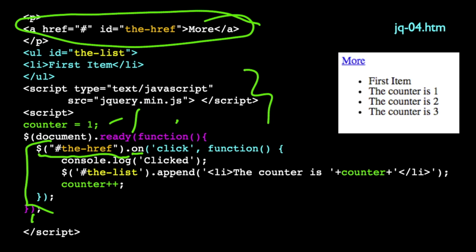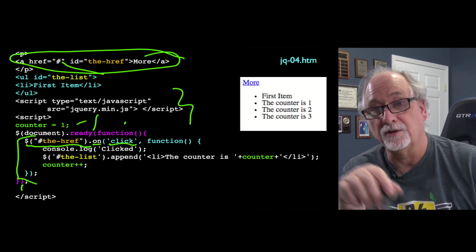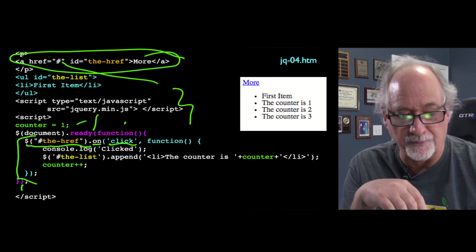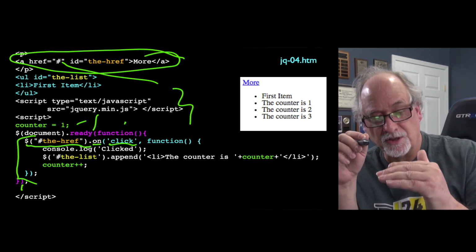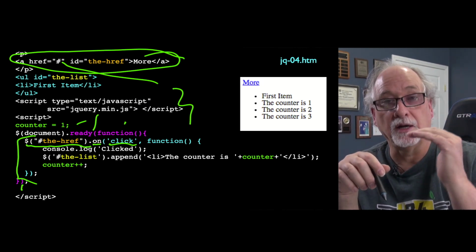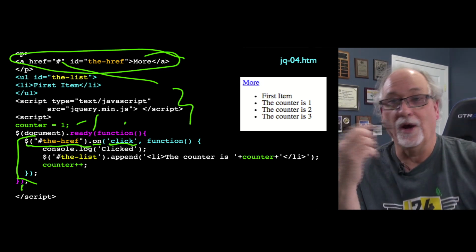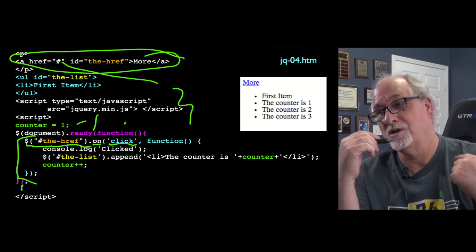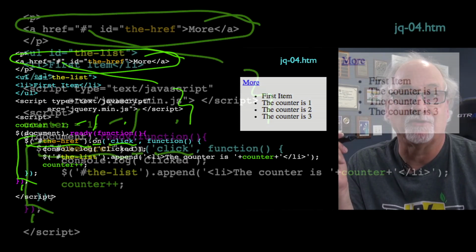So we're saying on click, and that's pretty much the same as putting onclick in that anchor tag the way we did in the previous example. So we are registering the page is displayed, and the first thing we do after the page is displayed is register our interest in click events. And then we have to say, oh, and wait a second, when the click event happens, I want you to run some code for me.